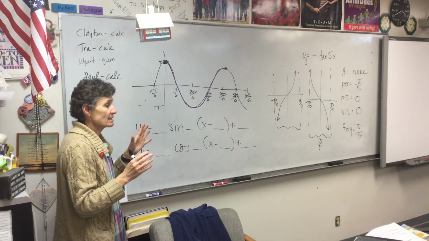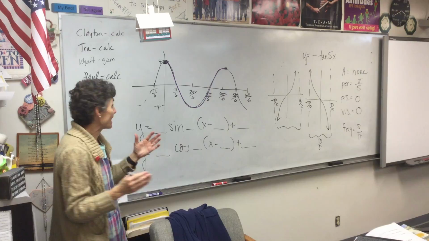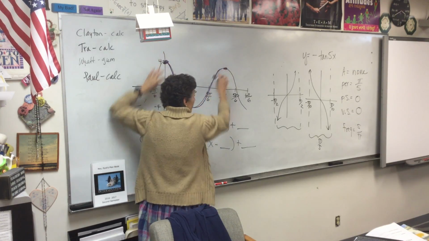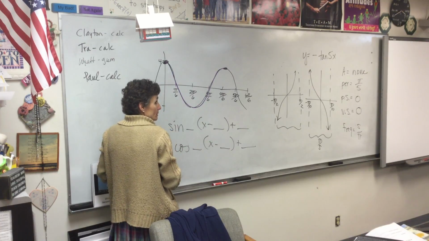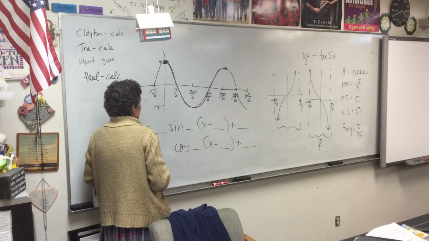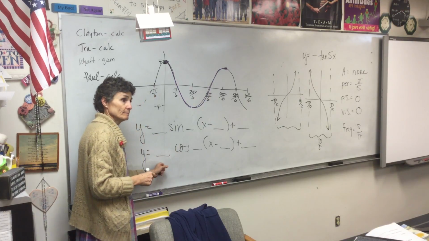Now, the part he thinks about has to be a complete cycle. So he can't think about just this part, for example. He has to go from top to top, or bottom to bottom. But he needs a whole cycle. So he's doing a cosine.